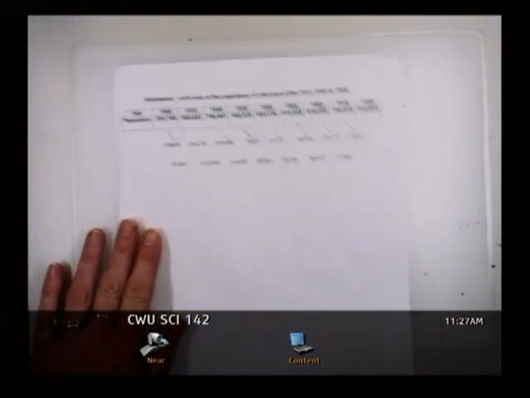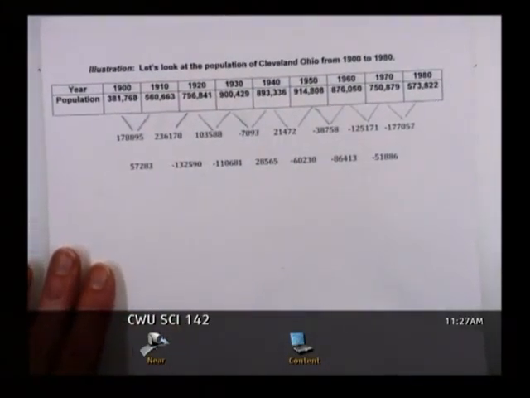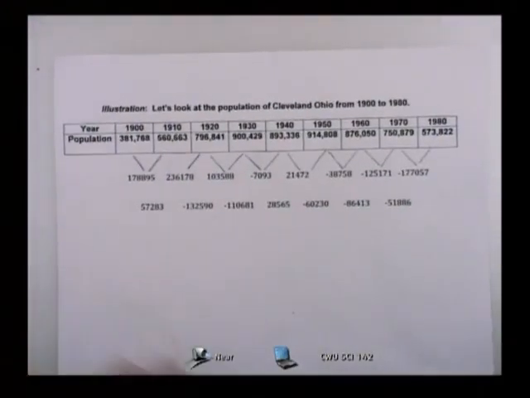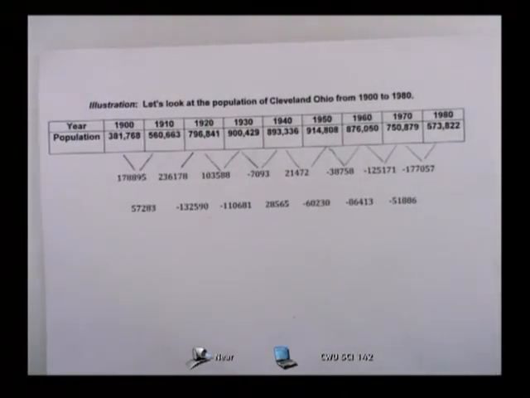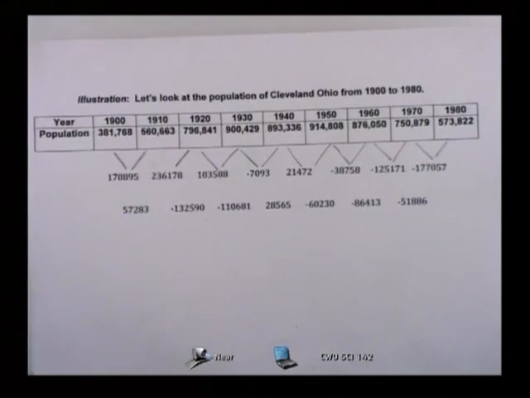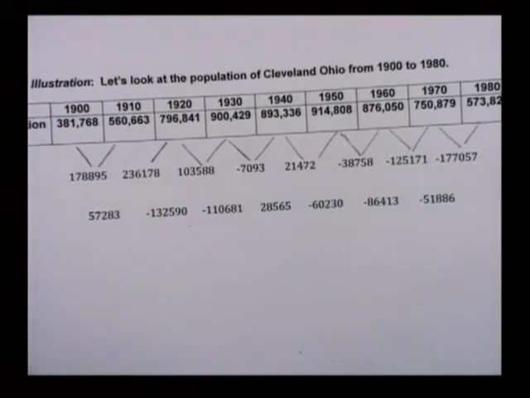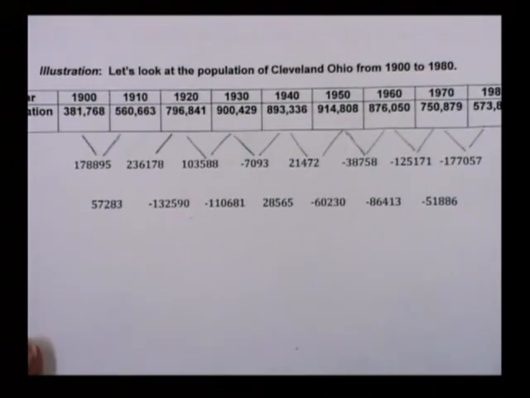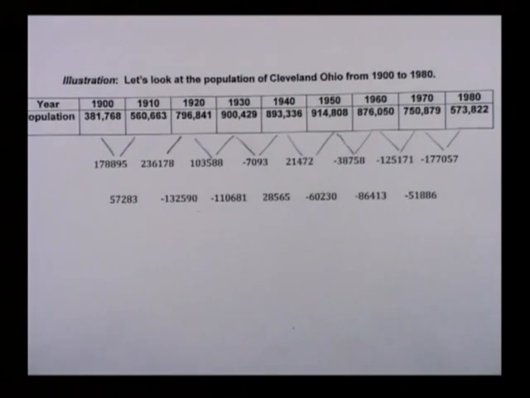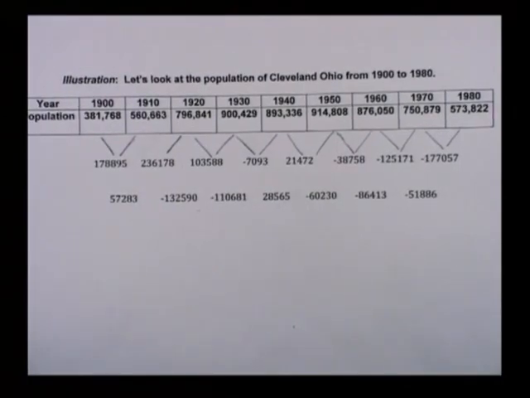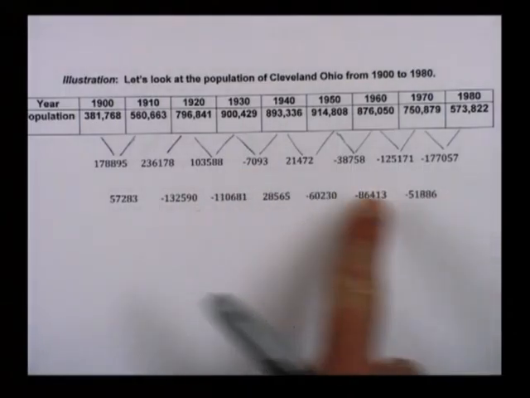Okay, let's see if we can zoom in a little bit here. All right, if you take a look at this data, this is the population of Cleveland, Ohio from the 1900s to 1980. You can see that after I checked my first differences down here, they're crazy.